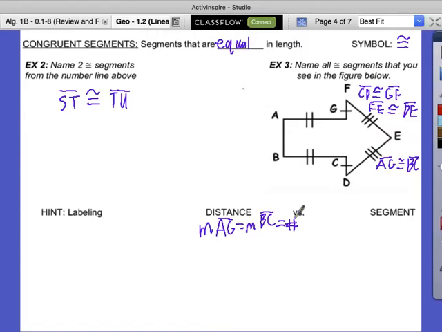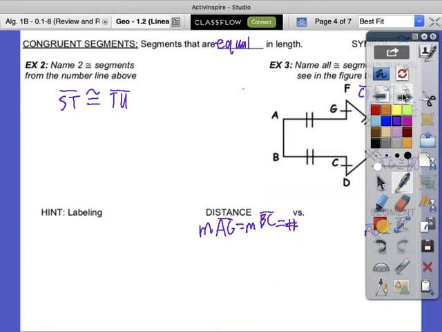Whereas the actual segment itself, you would say segment AG is congruent to another segment. What I'm trying to drive home here is that the distances, the measures, can be equal because they're a number. But the actual segments themselves are congruent, not equal. Segments are congruent because it's a part. But distances and measures are numbers, so numbers can be equal, okay? Questions on that? All right, let's continue on.